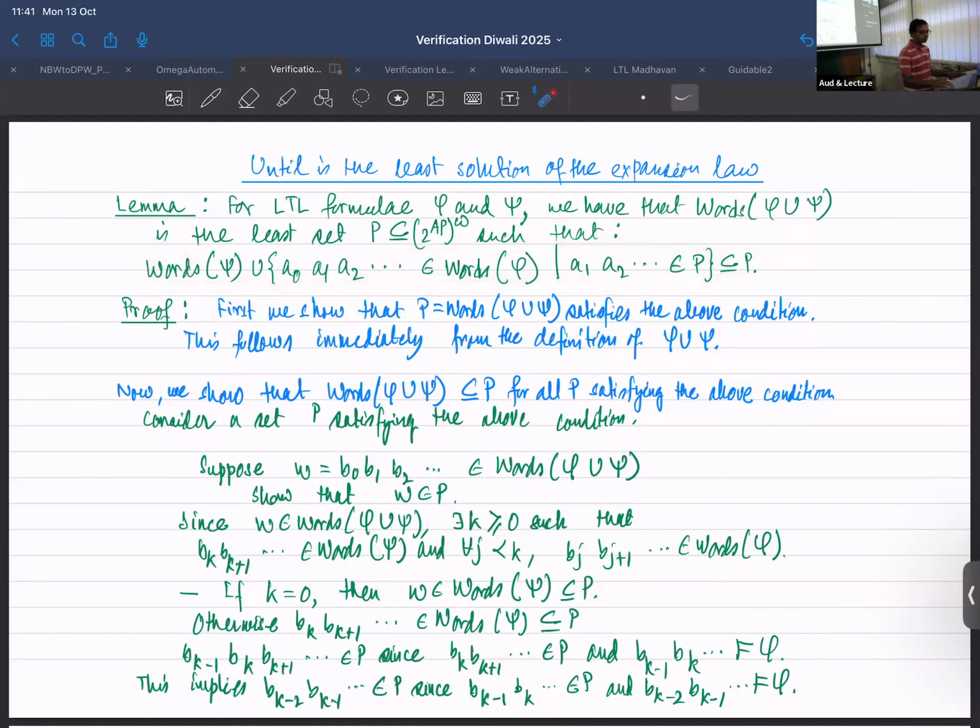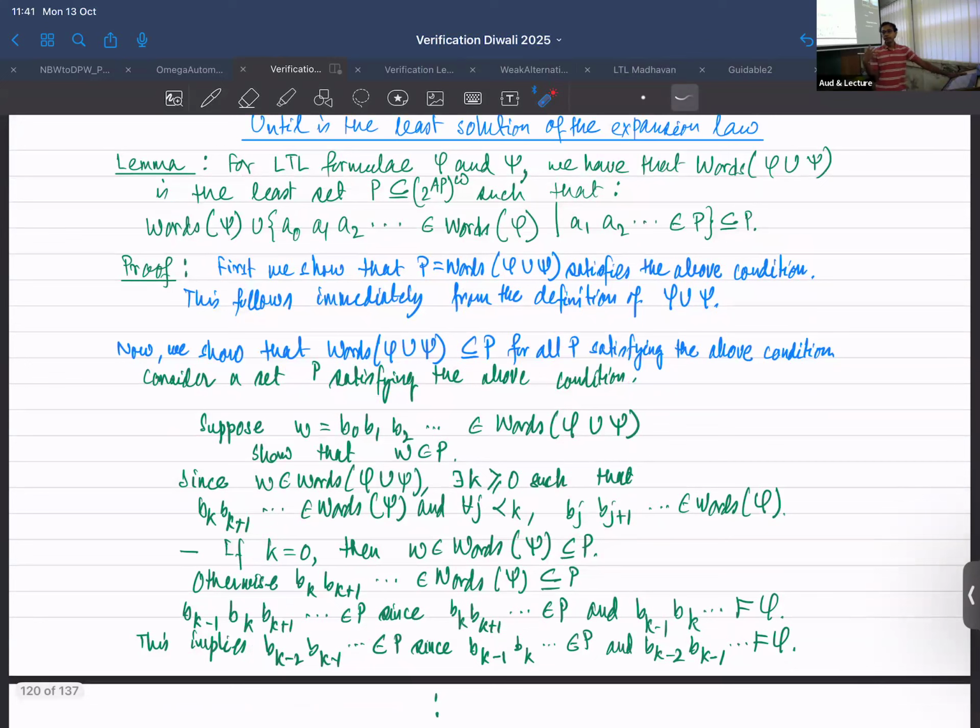And we also saw that sigma omega, the entire set of all infinite words, satisfies this property, which is not quite interesting. So we are interested in the least set, which is essentially this set, right? So this is what we saw.